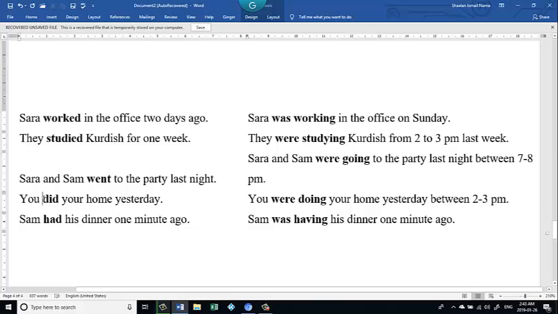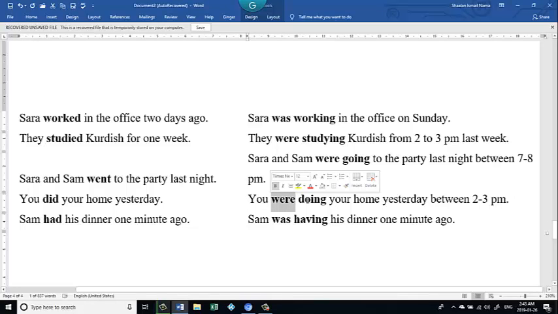Only for continuous, for present continuous and past continuous, I have to have, for present, is or are, and for the past only was or were when I have it. If I have did, I cannot make it continuous unless I change it. For example, like this sentence here. You were doing your homework yesterday between 2 to 3 p.m. Here I have were.